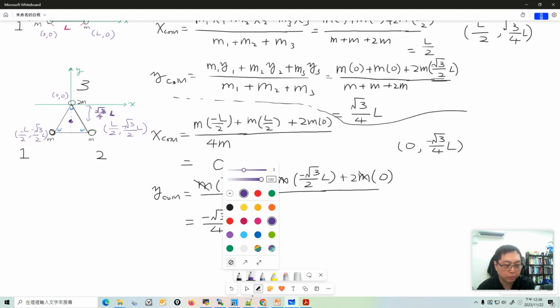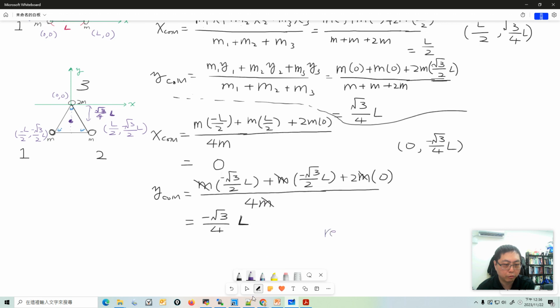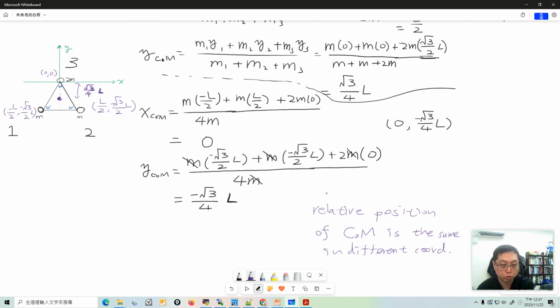That's the rule of position: the relative position of the COM is the same in different coordinate systems. That's what I want to show you.